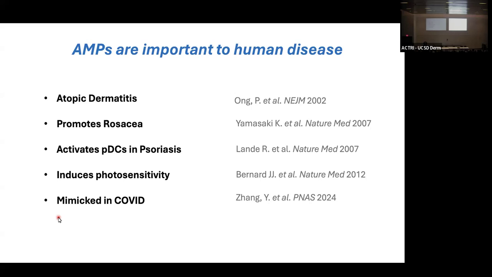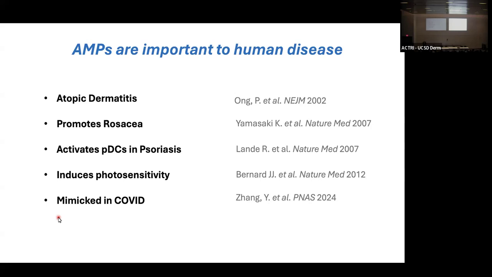It helped break open understanding of the pathophysiology of rosacea, because one of these antimicrobial peptides will induce angiogenesis and flushing, and we found that patients with rosacea have too much of the gene expressed as well as the enzymes that process them. And then there are stories in psoriasis for how it induces interferon. This molecule can also promote photosensitivity.